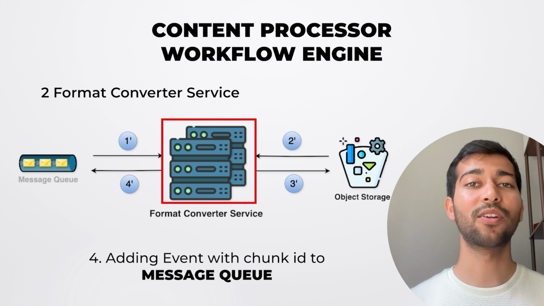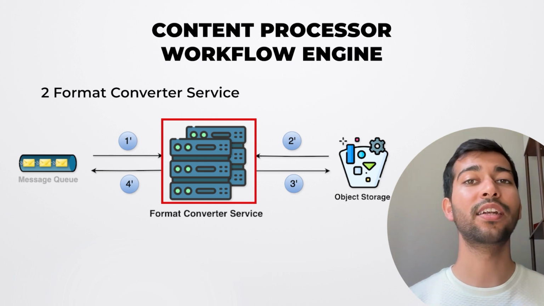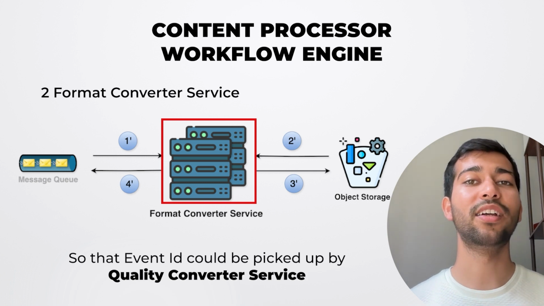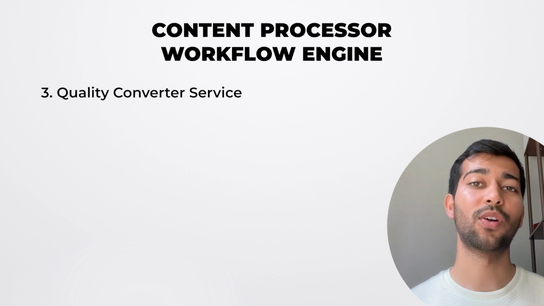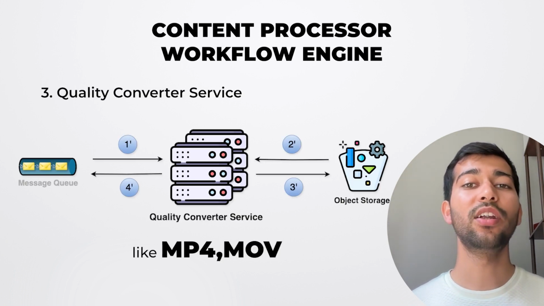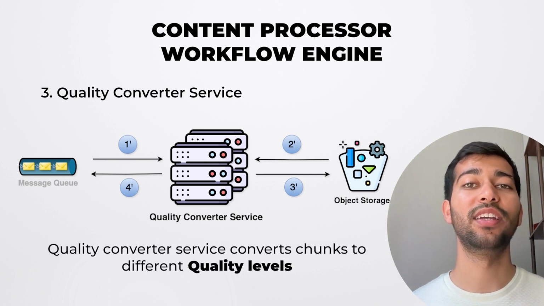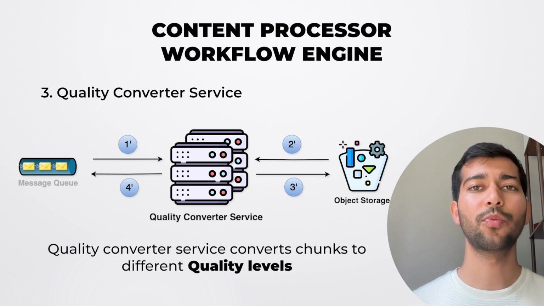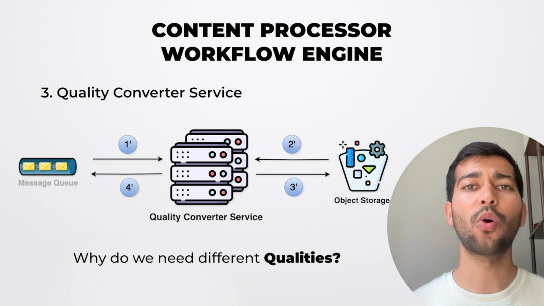Again, we see a common trend here. The format converter service also added events to the message queue so that it gets picked up by the quality converter service. Now let's try to understand the quality converter service. After converting to different formats, the quality converter service converts these chunks into different quality levels. Well, we understood we need to save different formats for compatibility reasons, but why do we need to store different qualities?